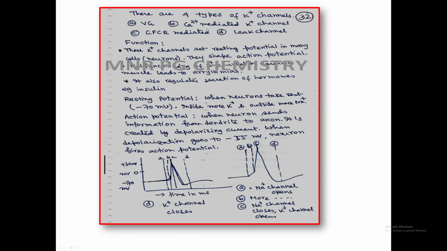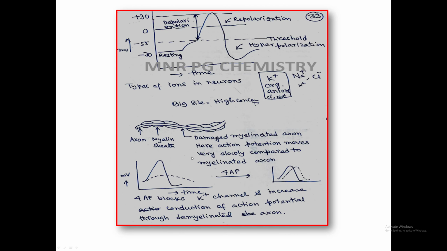Go to the previous. So this is the minus 55 millivolt. When the depolarization goes to minus 55, the neuron fires an action potential. So when it is going to minus 55, then the action potential will go up. From minus 55 to plus 30, it is called depolarization, it is going up. Now it is falling, and falling is called repolarization.